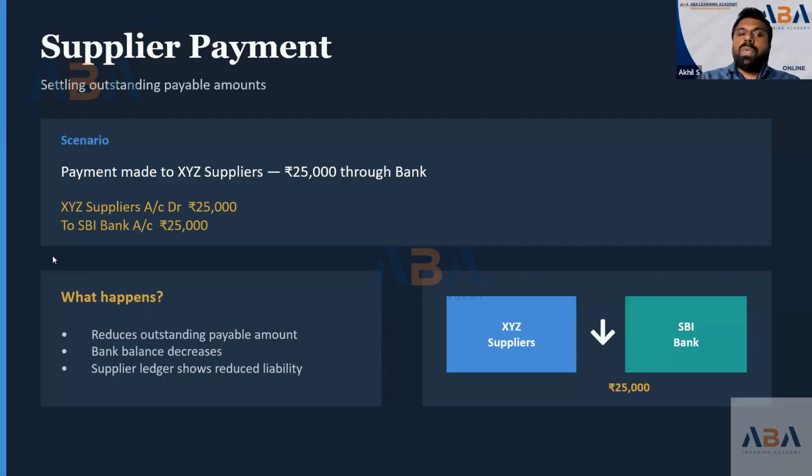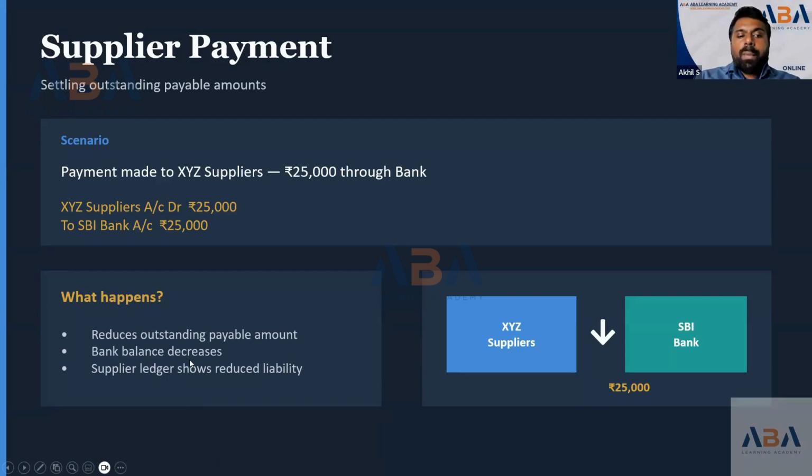What will happen when we make a payment to a supplier? If we are owing that particular supplier, it will reduce the outstanding payable amount. Let us assume we purchased an item worth rupees 50,000 from this XYZ suppliers. Since we made a payment of 25,000, it will reduce the outstanding from 50,000 by 25,000 and it will become 25,000.